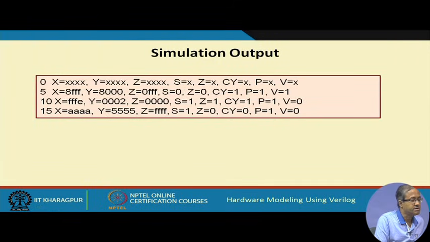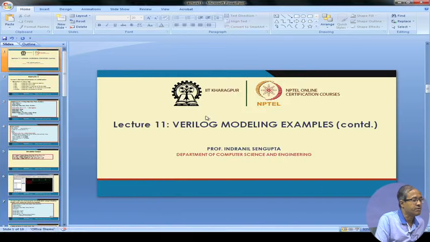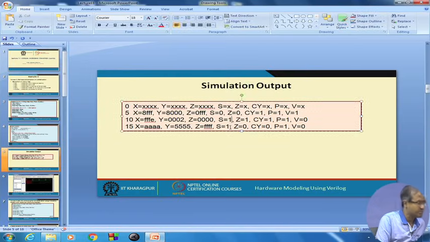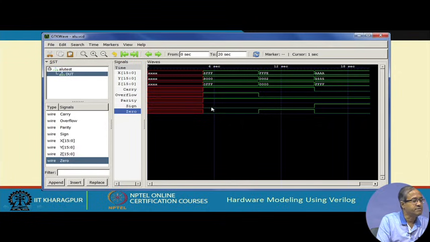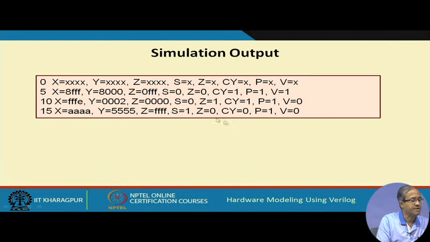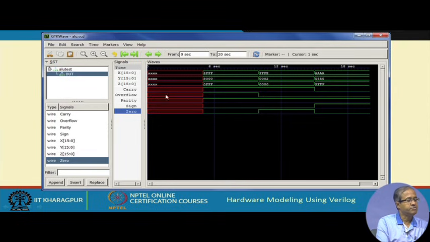Here I think there is a small typographical error, this should be s equal to 0. Okay. Fine. See here s is 0 and it goes 1 here, it goes 1 here, last state. Okay.